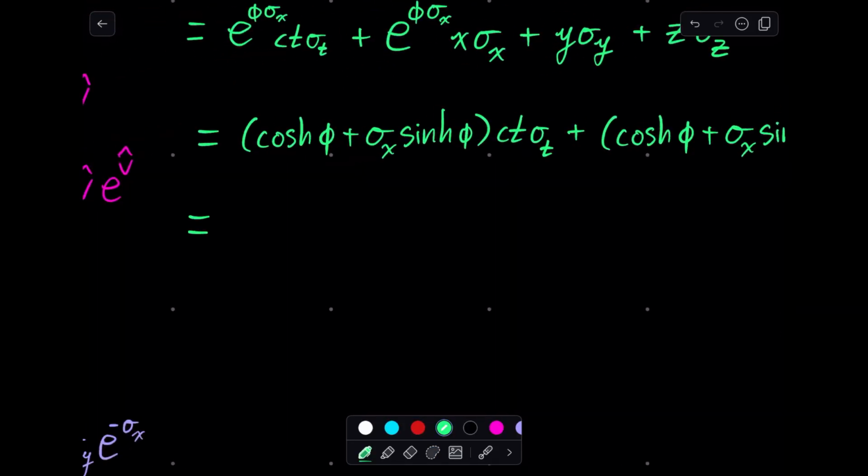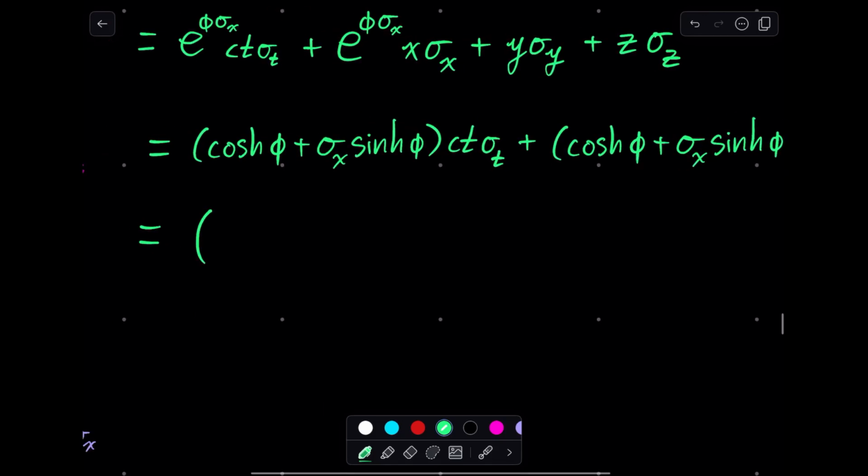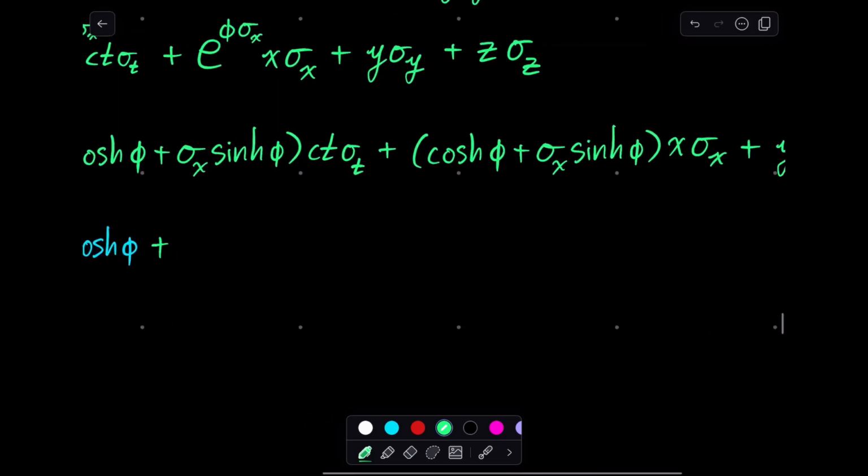You can multiply this through. And what I'll do is group up all the terms that end up with the sigma t and all the terms that end up with the sigma x. I'll put all the sigma t here and all the sigma x there. So sigma t times a scalar just gives something with sigma t in it. So we're going to end up with cosine phi plus, and we're going to come over here.